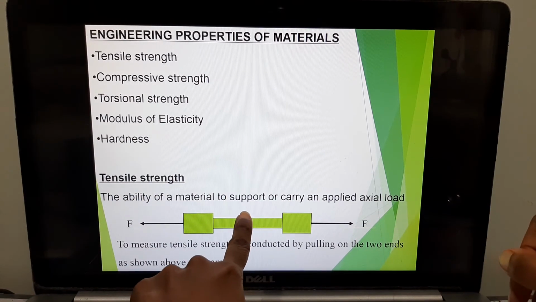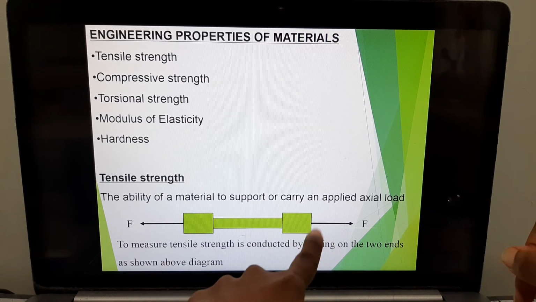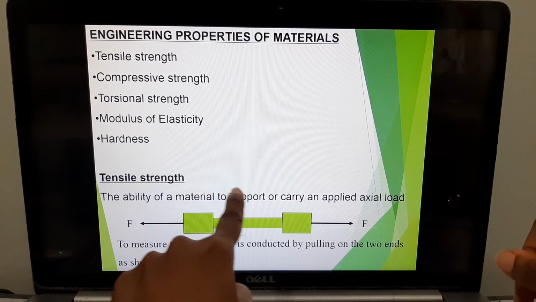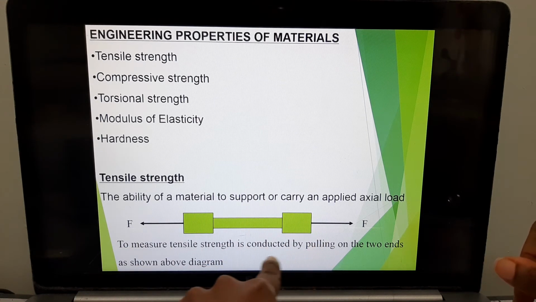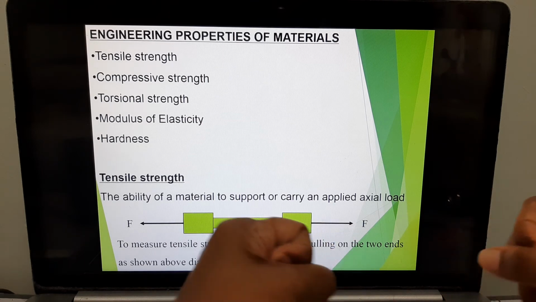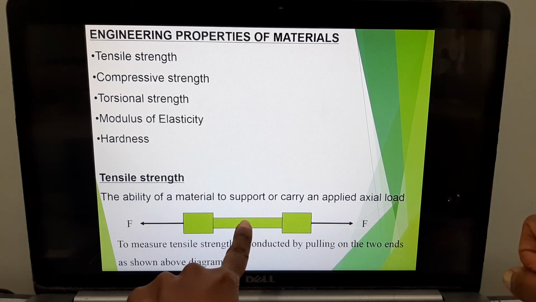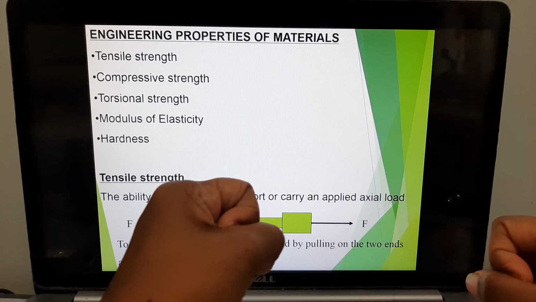So you will find that there will be weakening at this point. We call this a dog bone. Normally for testing, we would use a dog bone material. So when you stretch the material, it elongates. There will be some kind of weakening happening here.